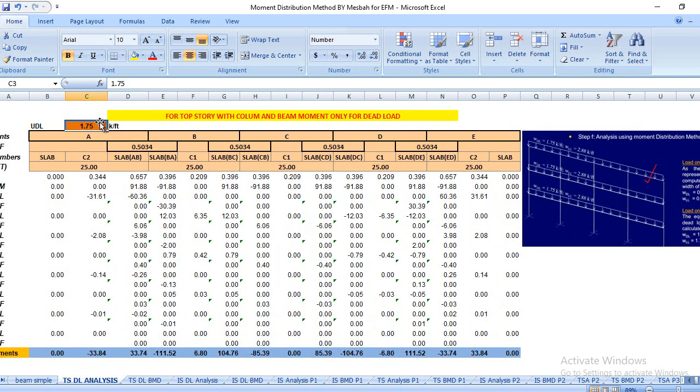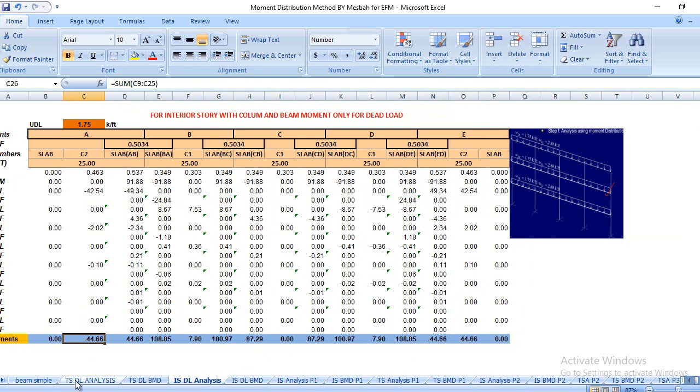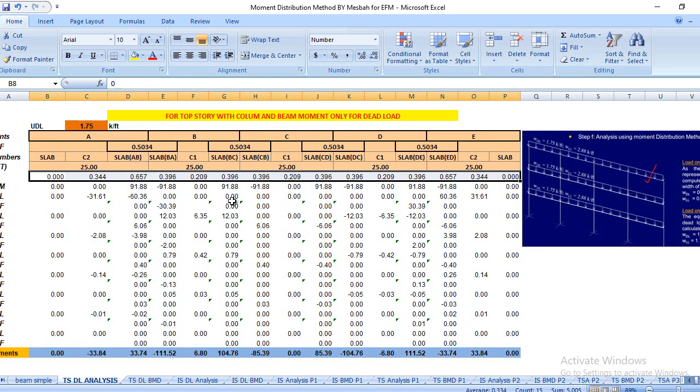Remember I applied the same load, so the load is same, only the difference is the distribution factor, okay. The rest of the things are same for interior story and for top story, okay.